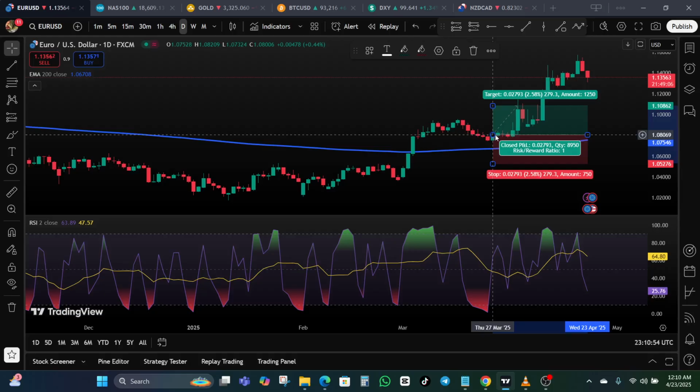Once you are in the trade, your exit can be either a fixed target, like a 1:2 risk to reward ratio, or you can exit when the RSI-2 crosses back above 50. You can actually decide to exit when the RSI-2 crosses above 90, not 50, sorry, when it enters the overbought territory.